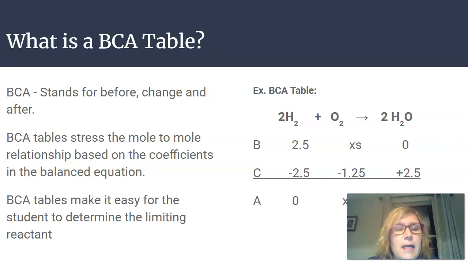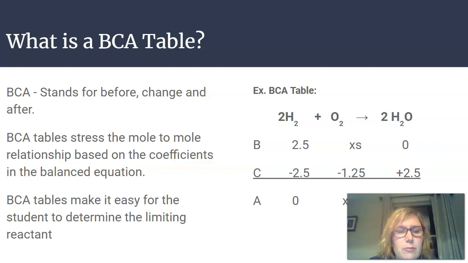BCA tables stress the mole-to-mole relationship. So everything that is in the table is converted to moles. If you're given grams, remember when you go from grams to moles, you divide by the molar mass. So just a little review there.